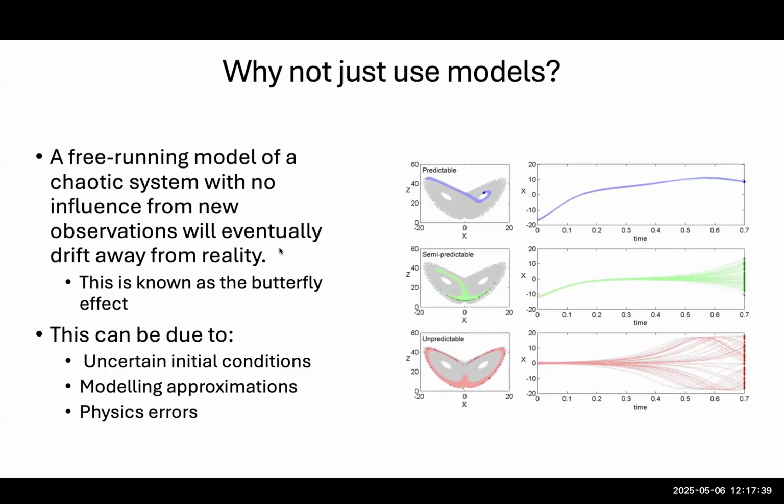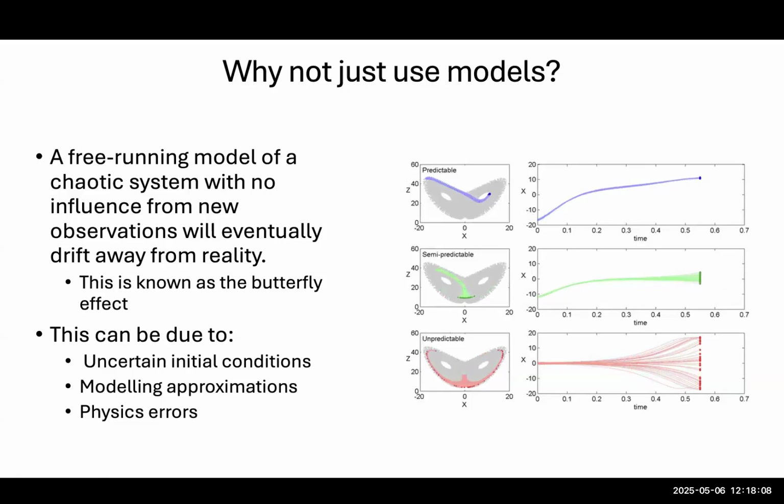So there's the famous butterfly effect, where you have a small perturbation away from an initial condition, made popular by the Lorenz 63 model. Depending on where you start on the attractor, a slight deviation in initial condition can massively impact where you end up.